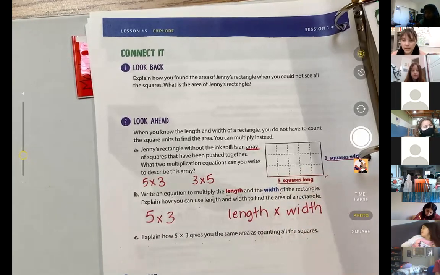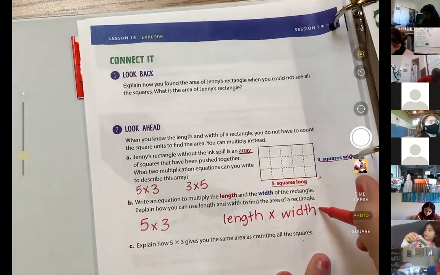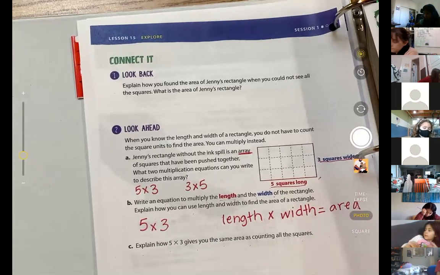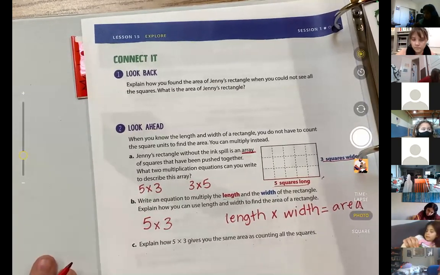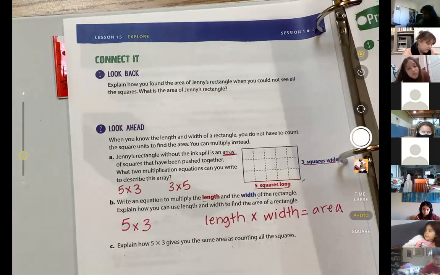So we're going to write length times width equals area. That's how we use the length and width to find the area. Length times width equals area.